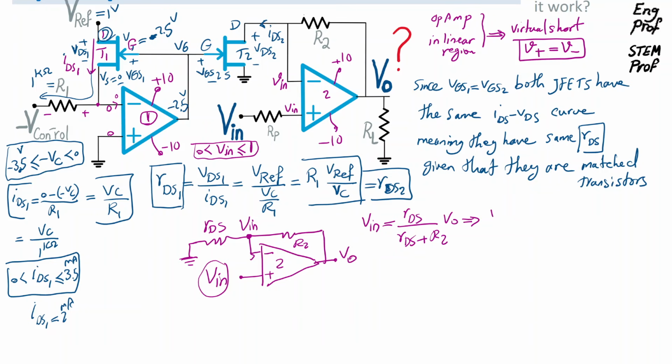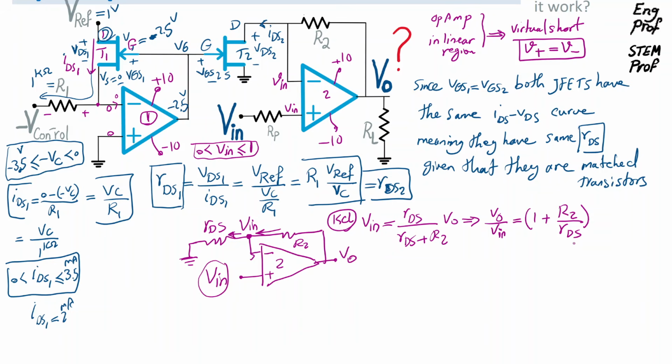This is exactly the famous gain formula for the non-inverting amplifier, which becomes 1 plus R2 divided by RDS. This is written using KCL, Kirchhoff's current law, at the inverting input terminal, which says the incoming current should be equal to the outgoing current.